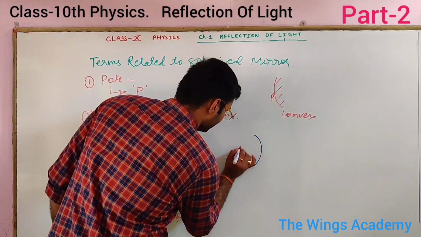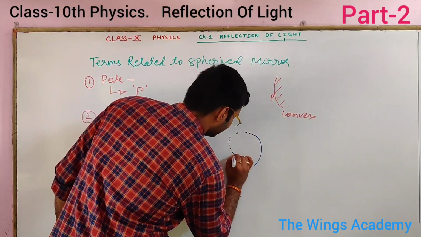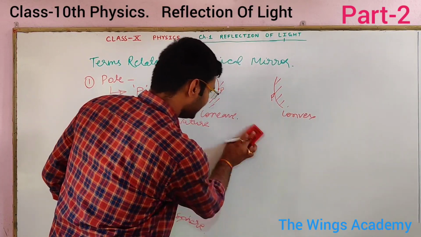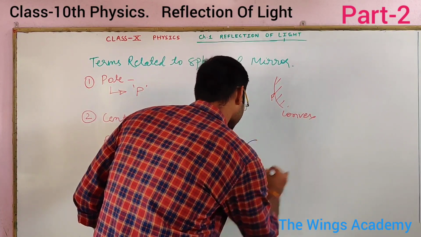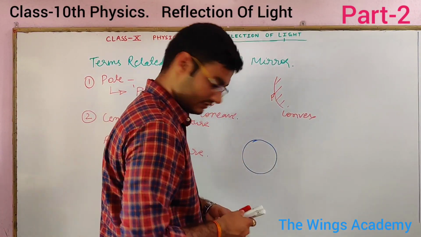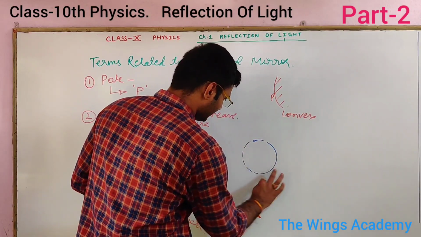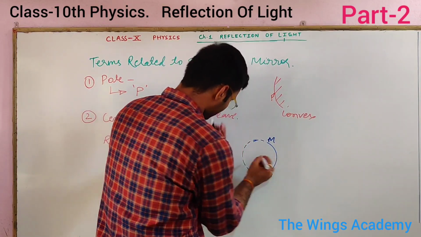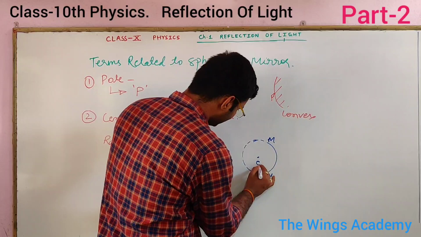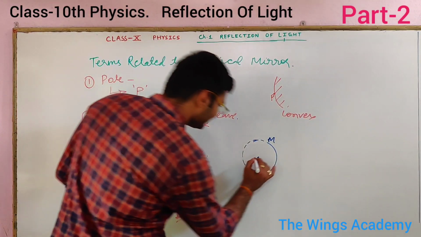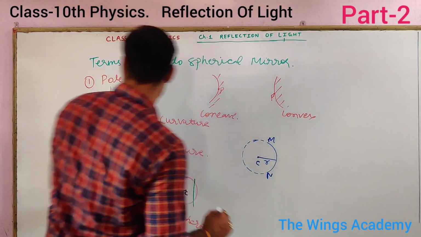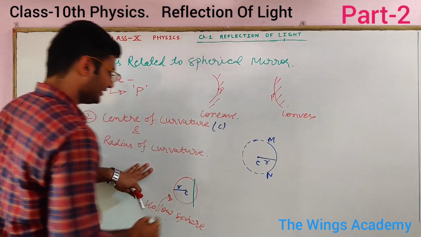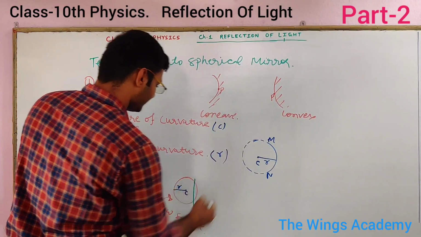If we complete this sphere, and suppose this is our mirror M, mirror N, this is the center of curvature and this is the radius of curvature. Center of curvature is represented by small c, and radius of curvature by small r.